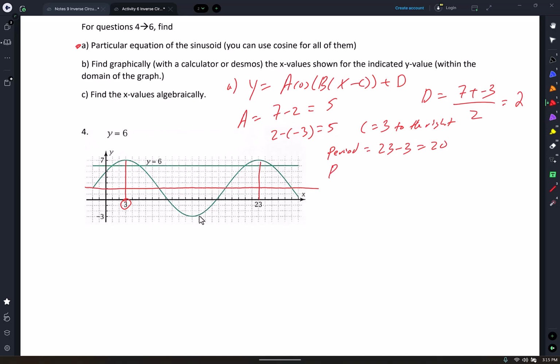So then the B is, we're not doing degrees, we're doing radians. 2 pi over 20, which reduces to pi over 10. So here's my equation. Letter A. Y equals 5 cosine pi over 10, open parenthesis, x minus 3, close, plus 2.